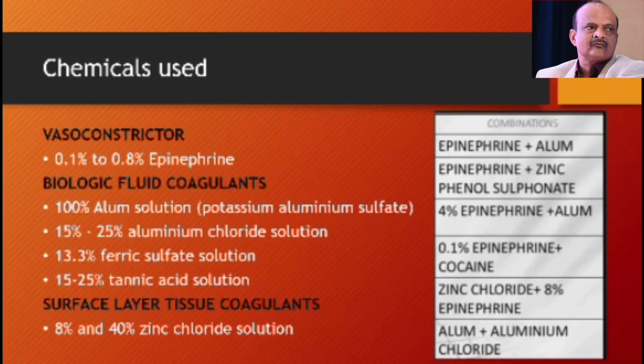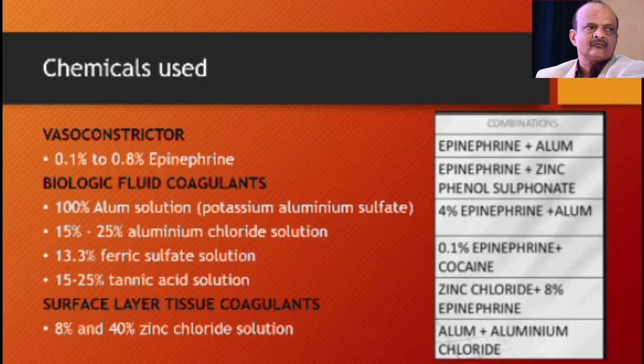Surface layer tissue coagulants, as the name suggests, coagulate the surface layer and form an impermeable film to decrease the seepage effect. Here we use around 8 to 40% zinc chloride solution.